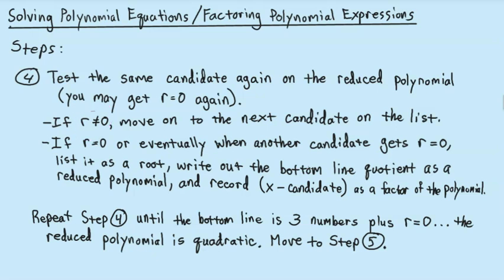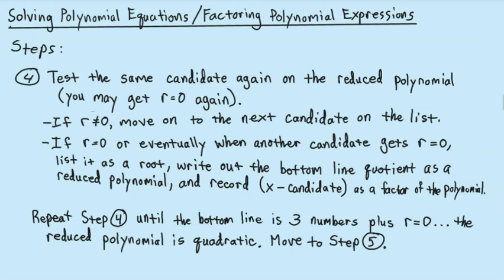And if you get a remainder not equal to 0, you're going to move on to the next number and the next number until you run out of candidates. Or you're going to repeat step 4 until the bottom line quotient, as it gets reduced and reduced, is only 3 numbers plus your remainder equals 0.